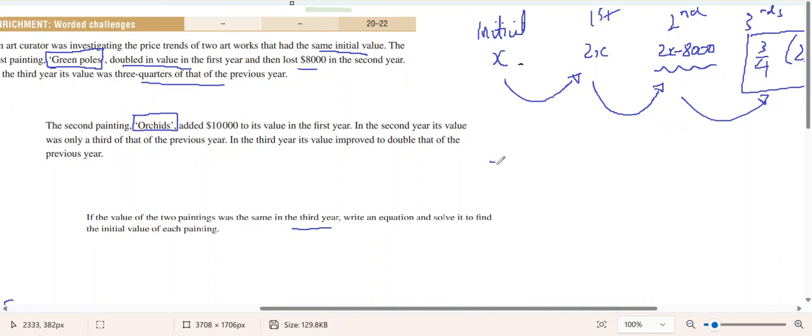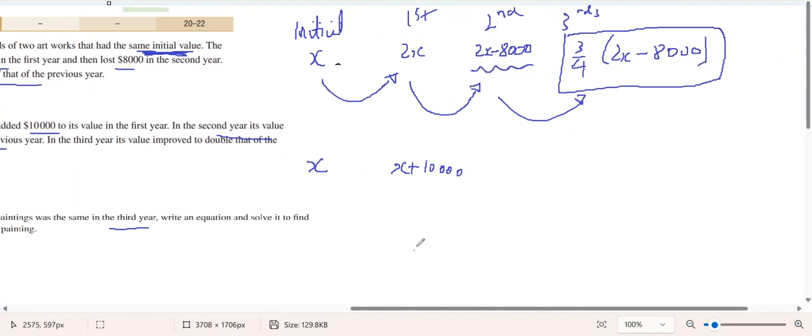Orchid's also started at X because its initial value was the same. It added 10,000 in its first year, so X plus 10,000. In the second year, it was only a third of the previous year. So the second year, it was 1/3 of X plus 10,000.